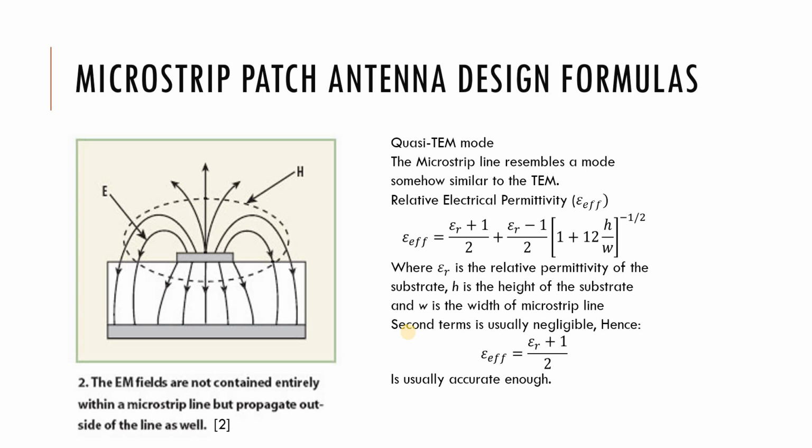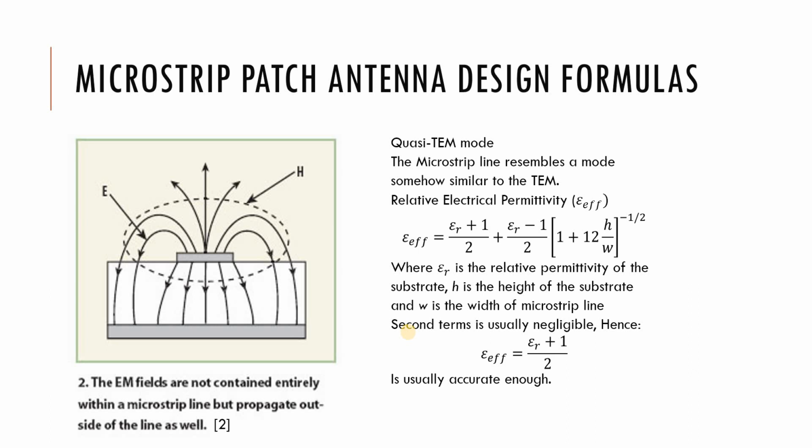Here you can see the electromagnetic field inside and outside of the microstrip patch antenna, and as you can see, the electromagnetic field is contained not only within the microstrip line and within the substrate, but it propagates outside of this microstrip line or microstrip patch.